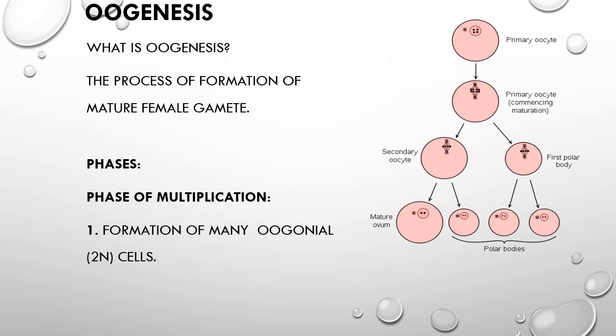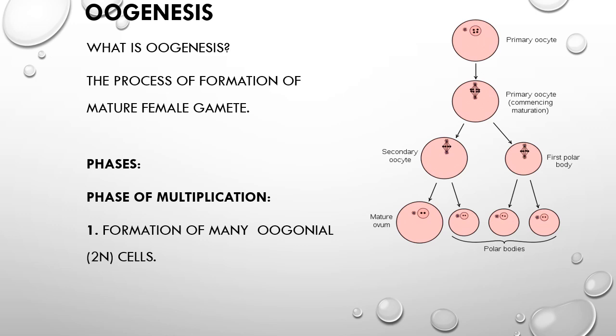I'll repeat it once again. Oogenesis involves the formation of a haploid ovum or egg from the egg mother cells or oogonia by undergoing meiosis in the ovary. Here meiotic division plays an important role in oogenesis. The entire process takes place inside the ovary.